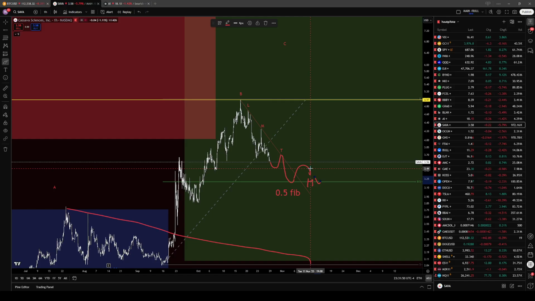And again, all the gaps are Friday, pre-market, or Friday after hours, or Monday. So our next chance is this Friday or next Monday for the gap fill.